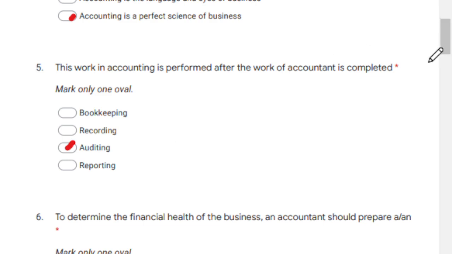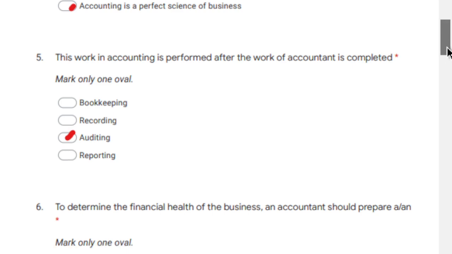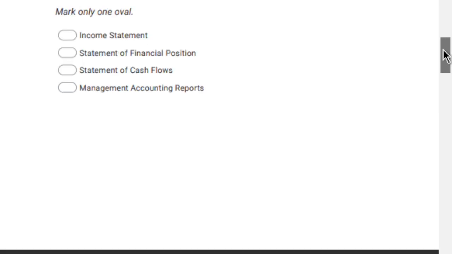Next number, we have number 6. To determine the financial health of the business, an accountant should prepare. So, our answer for this is option B, the statement of financial position, or the other term for this is the statement of financial condition or the financial health of the business.